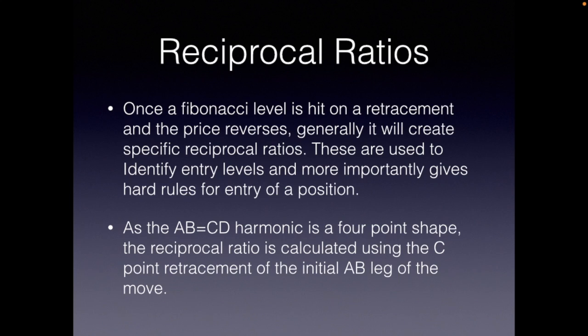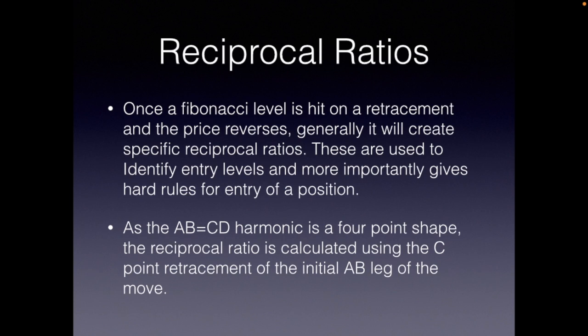So once a Fibonacci level is hit on a retracement, and the price reverses, generally it will create a specific reciprocal ratio. So on the ABCD pattern, there are a lot of reciprocal ratios. These are used to identify entry levels, and more importantly, give us hard rules for the entry of a position, okay?